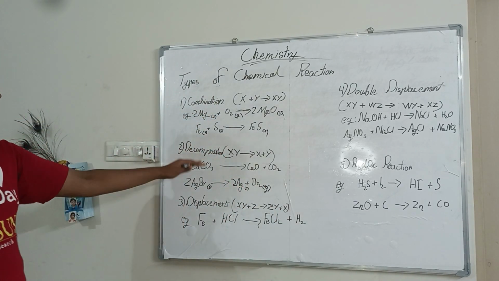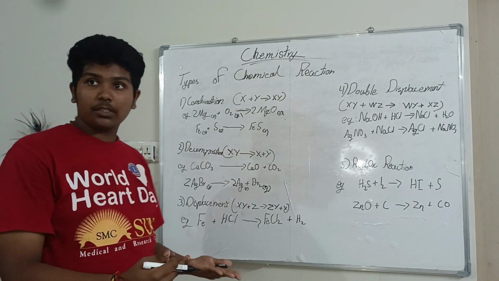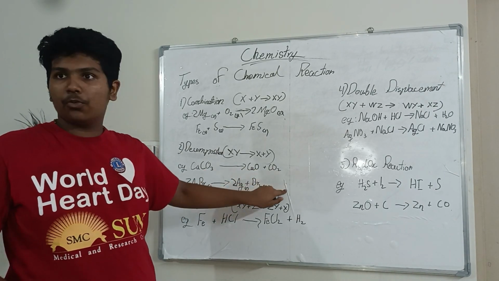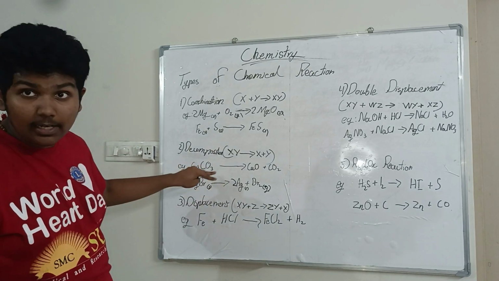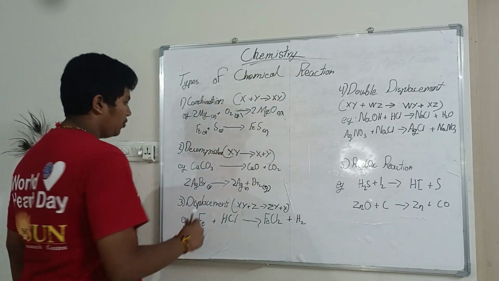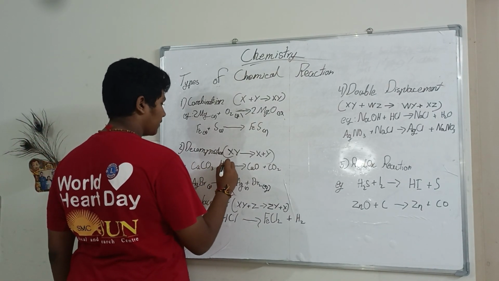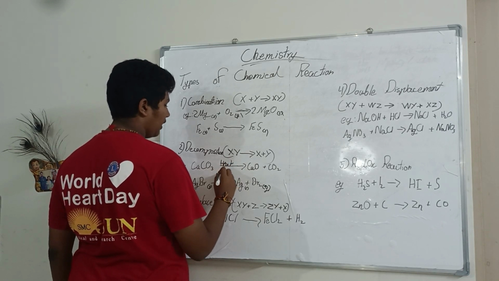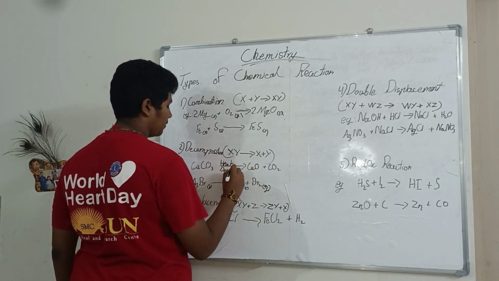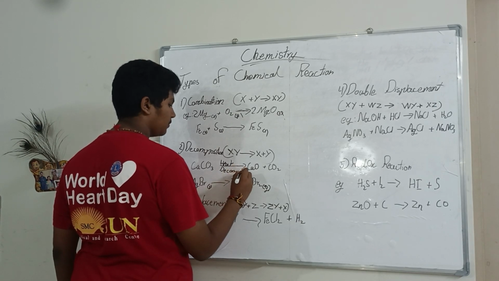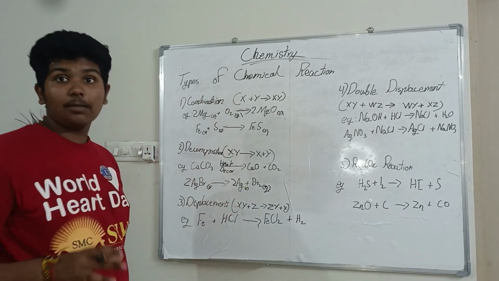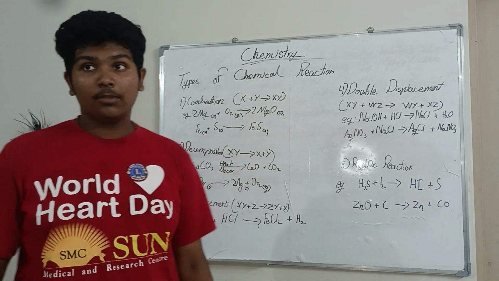See here, CaCO3 is decomposing under heat, which forms CaO plus CO2. Since this is a thermal decomposition, you should write heat here and decomposition. For now, I am writing deco, but when it's exam time or test time, you have to write decomposition.